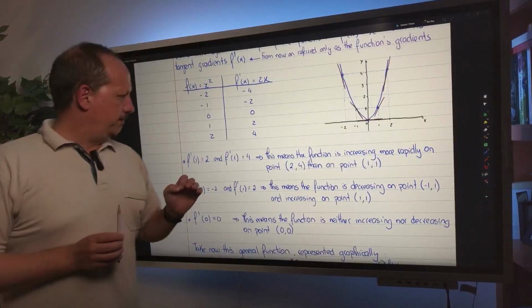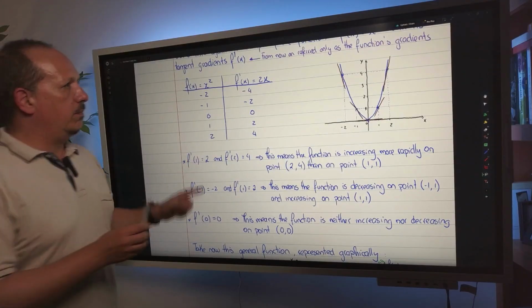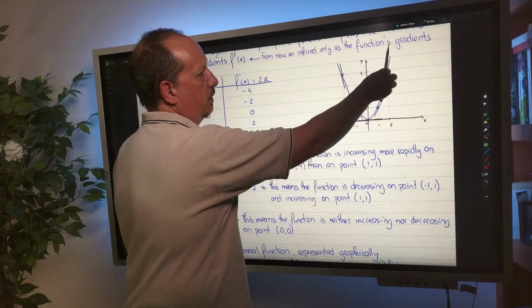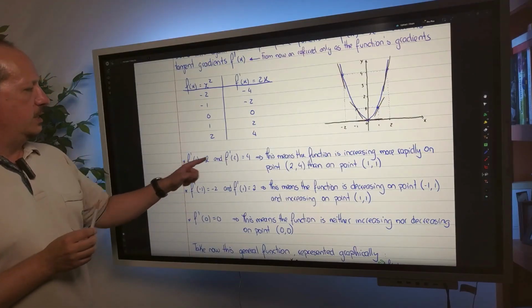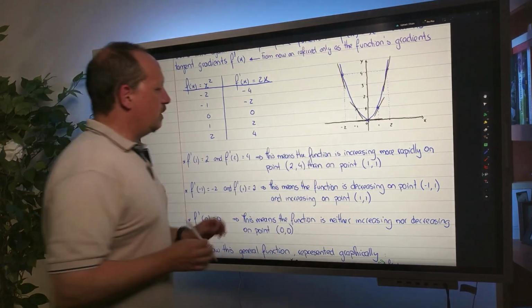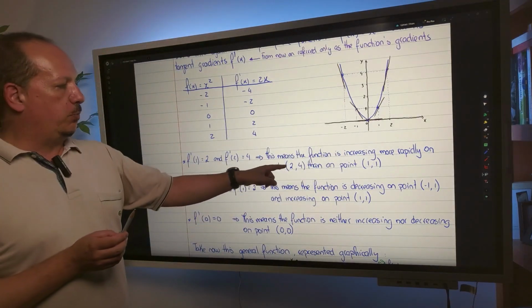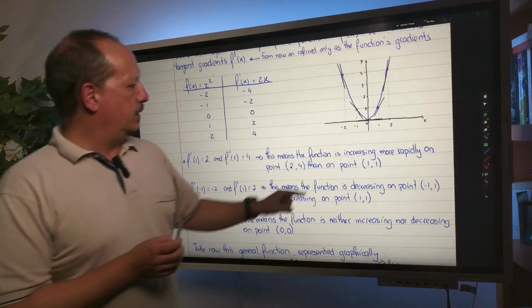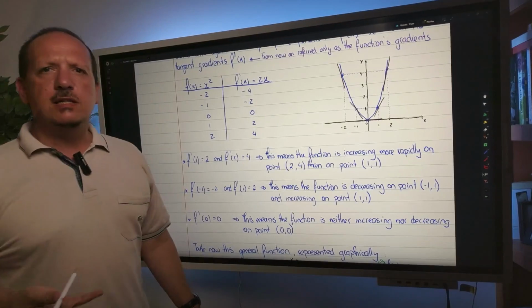What does this mean? If you compare the gradients on this point and on this point, so I'm talking about the gradients 2 and 4 on points with x coordinate 1 and 2. This means that the function is increasing more rapidly on the point 2, 4, than on point 1, 1, right? I already talked about this in the previous lesson.